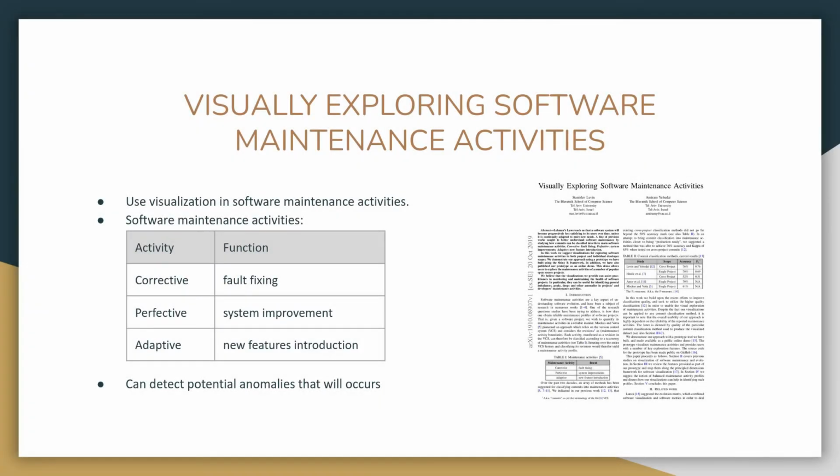The next title for the technical paper is visually exploring software maintenance activity. This technical paper explains about using visualization in software maintenance activity. Based on this technical paper, there are three main software maintenance activities, which are corrective, perfective, and adaptive.